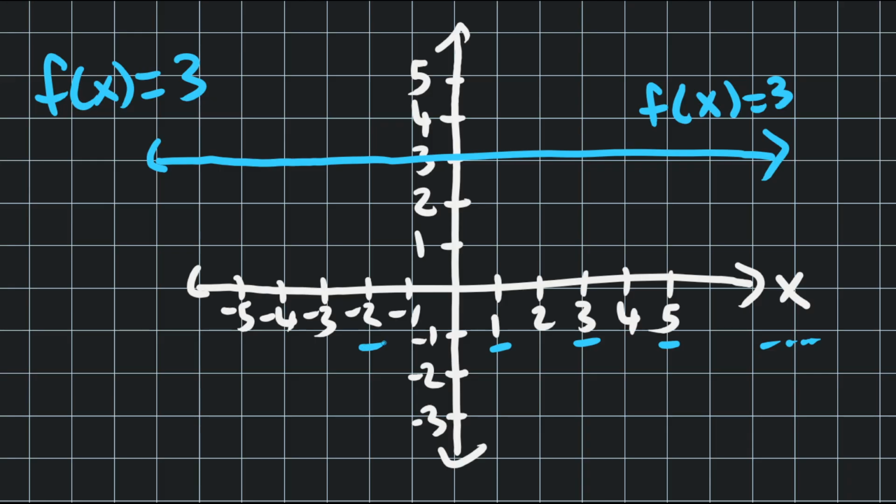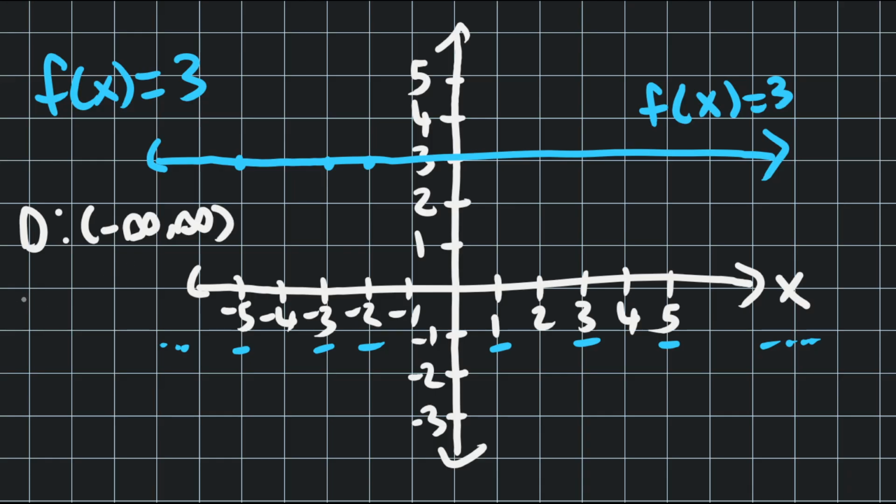It can be x equals -2, -3, -5, all the way to negative infinity. So the domain is negative infinity to positive infinity.